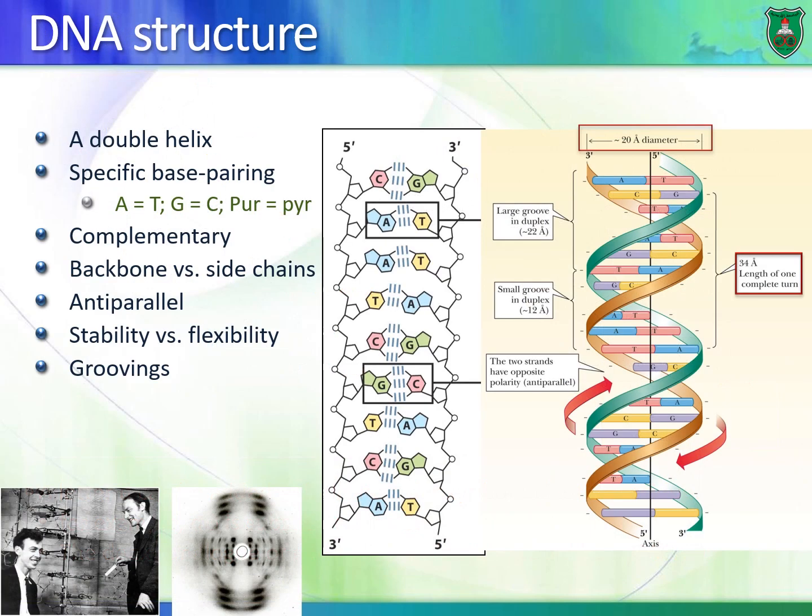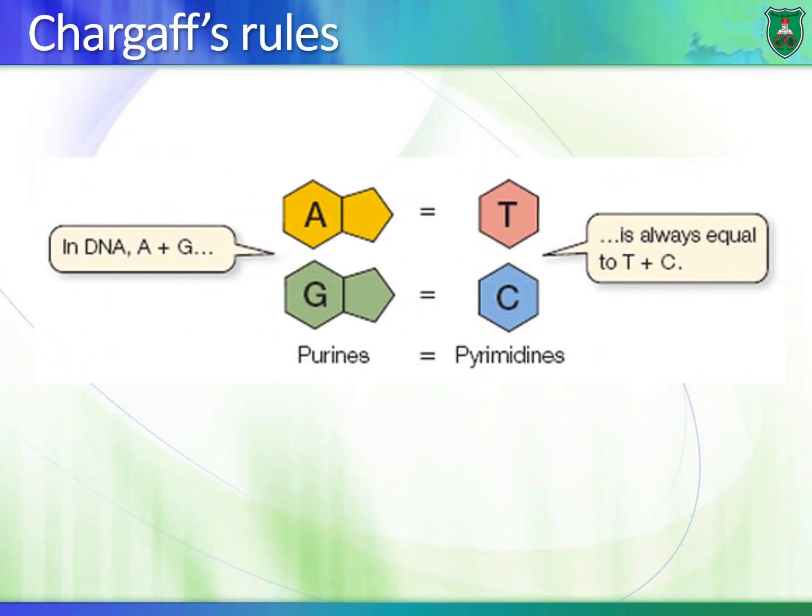Now, what's important is that between the strands there is pairing between the bases. So whenever you have an A, on the other side paired with it you have a T. Whenever you have a C, you have a G. Okay, so these bases pair with each other very specifically. And there's a scientist known as Chargaff.